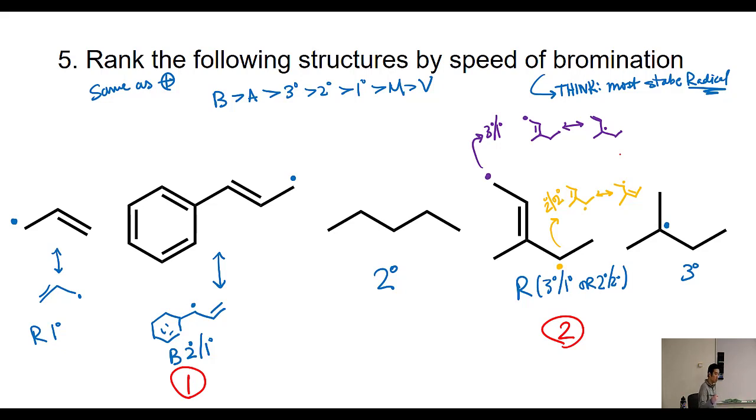But still, resonance beats the others. And then I have tertiary fourth and then last, fifth. Oh, one equals most stable. Alright, does this make sense? Question, comment?